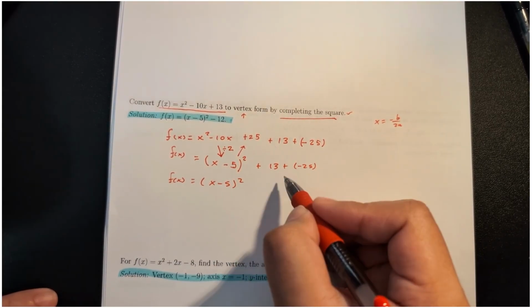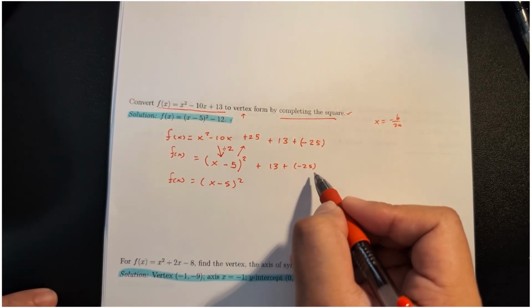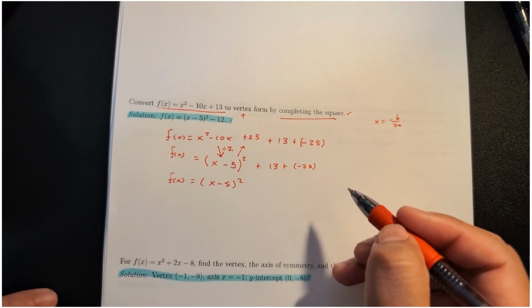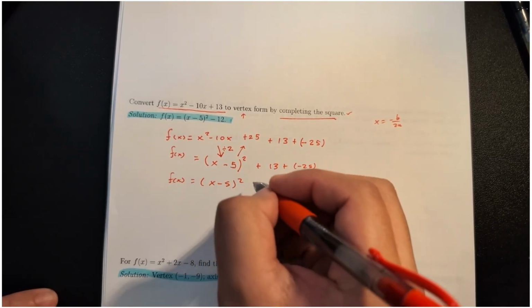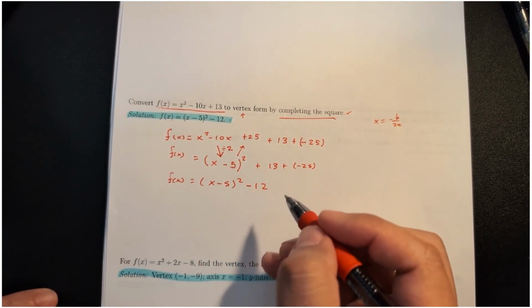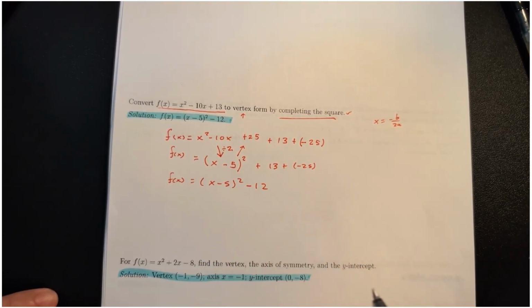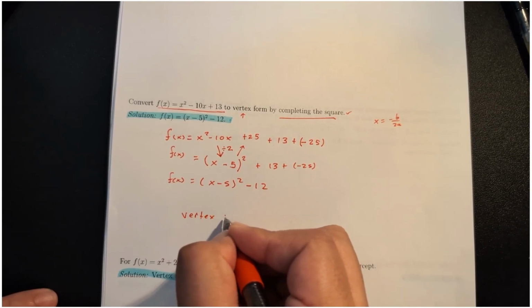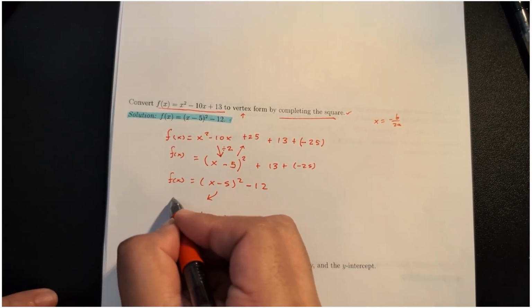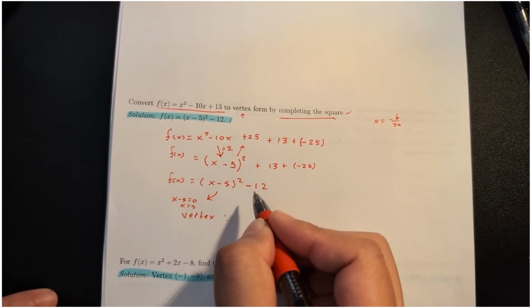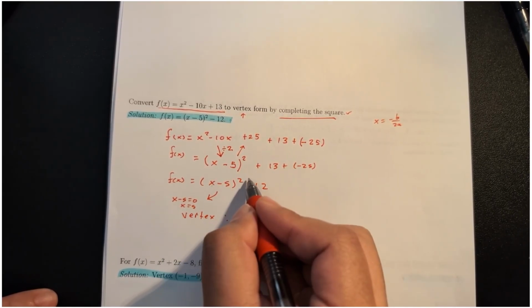We're going to simplify this. 13 minus 25 should be -12. Okay, and then from here, what is the vertex? The vertex is going to be, set this equal to 0, x minus 5 equals 0. So x equals 5, and then if I plug it in, that goes away, and I get -12.